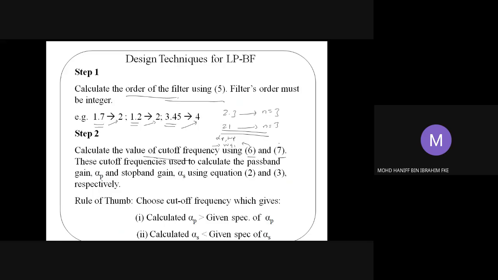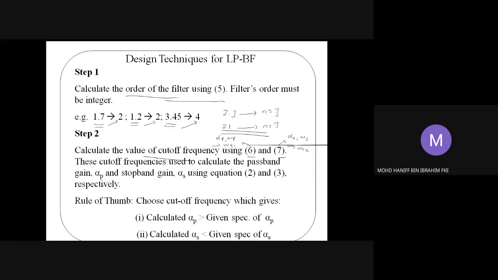And from equation 7, we use information from the stop band region, which are the alpha s and omega s information. Yes, stop band gain and stop band frequencies. From here, you should be able to find the second cutoff, which is the omega c2.